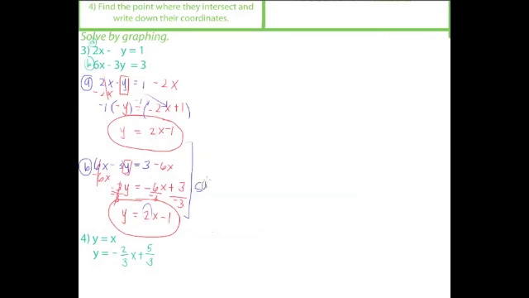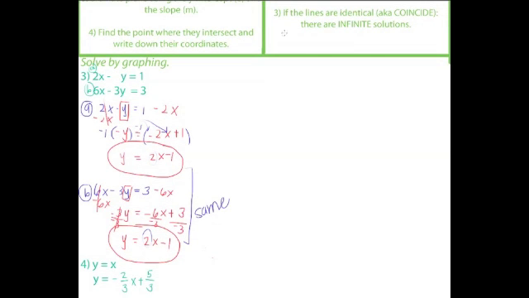Okay, so remember, when they're exactly the same, if we scroll up, what does that mean? When the lines are identical, or they coincide, that means that this one's going to have infinite solutions. Okay, so there's going to be no need to graph.